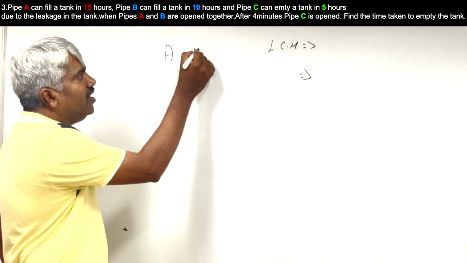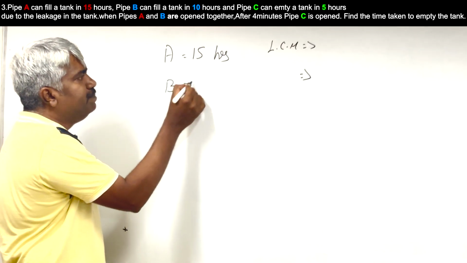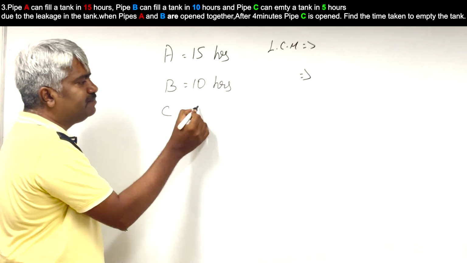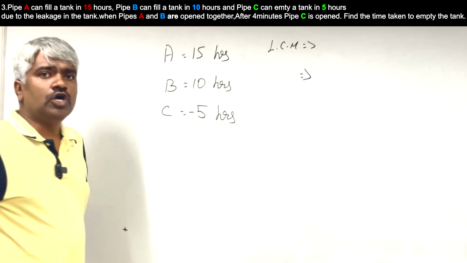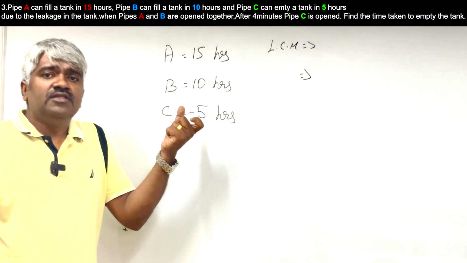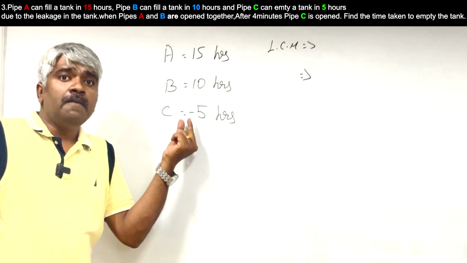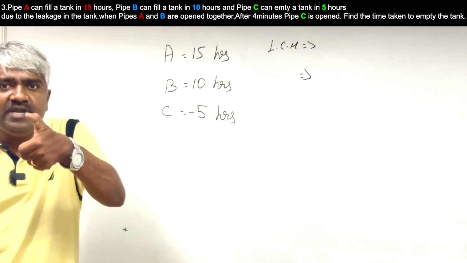Pipe A can fill the tank in 15 hours. Pipe B can fill the tank in 10 hours, whereas pipe C can empty the tank in 5 hours. In order to distinguish pipe C from pipes A and B, I have put the minus sign, because the minus sign shows that it is going to empty the tank.